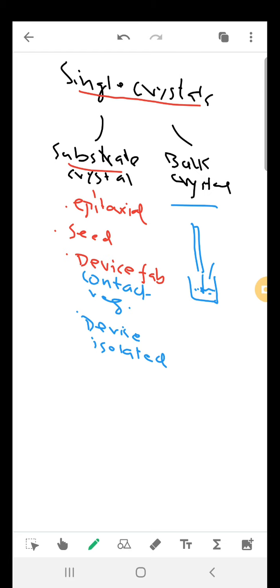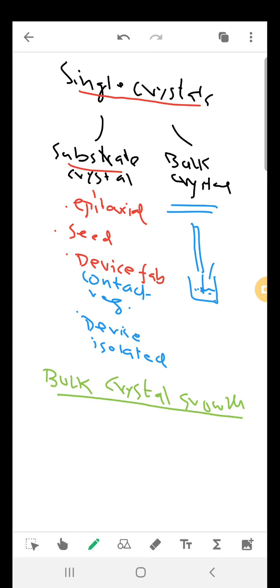So let's look at the detailed aspects of bulk crystal growth. Bulk crystals of compound semiconductors are produced by two common techniques. Both are known as melt growth techniques, so you need to have a melt.